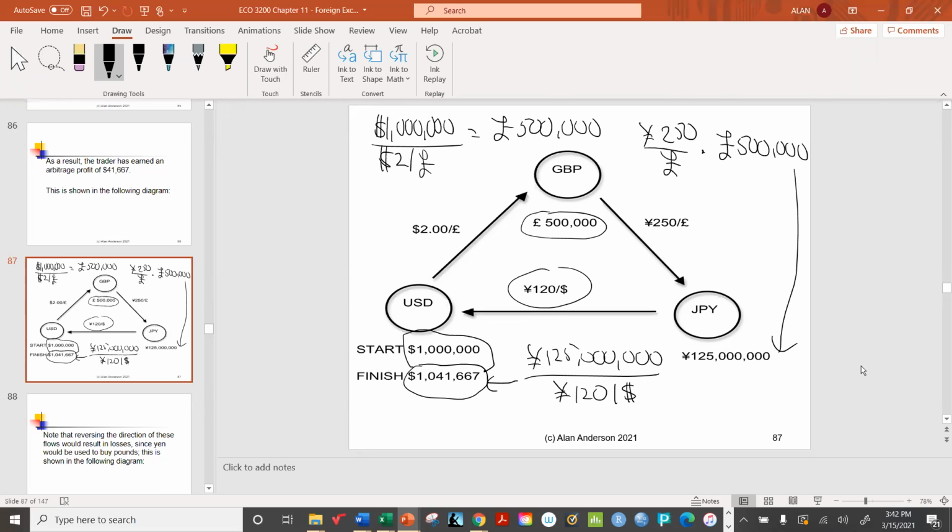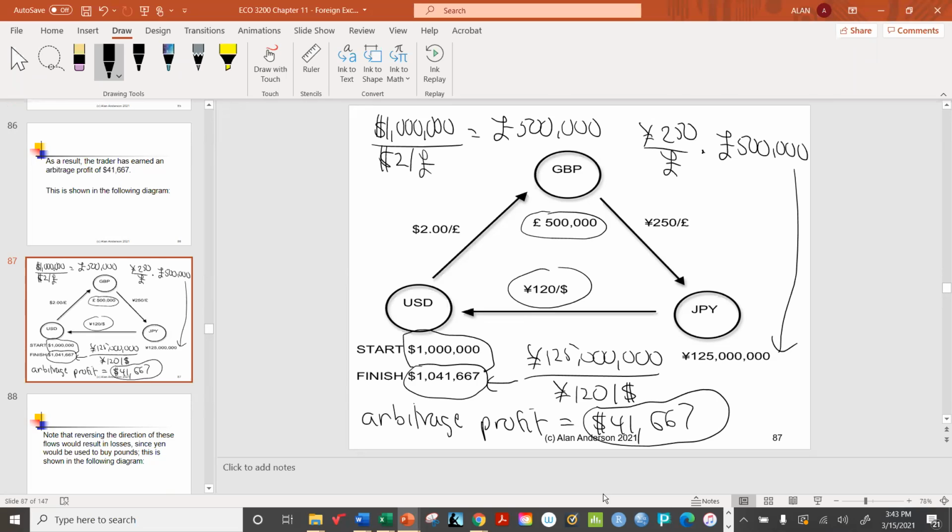Well, how did that happen? The arbitrage profit is the difference between the two. Not bad for a few seconds worth of work. Probably get a big fat bonus at the end of the year.